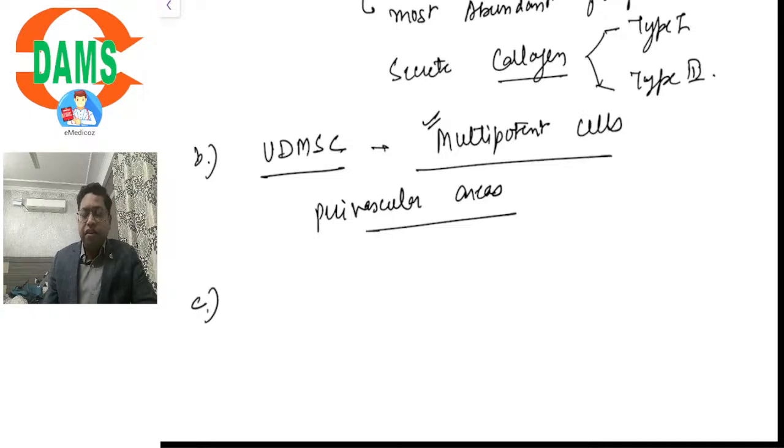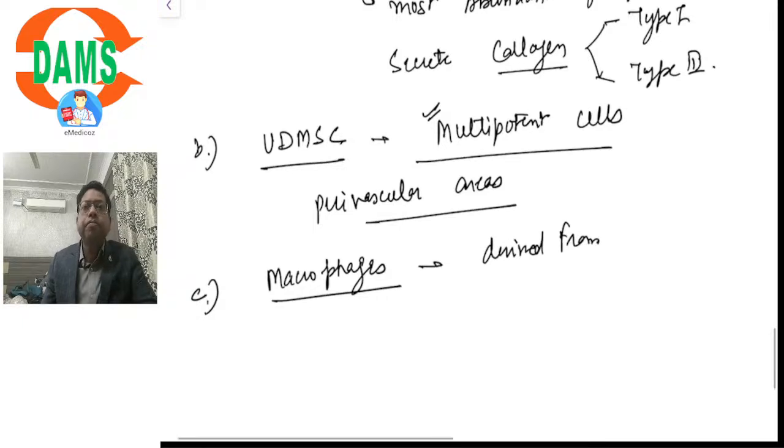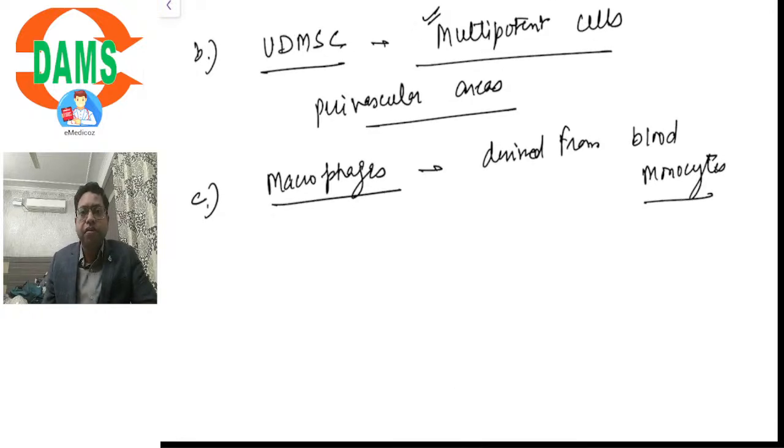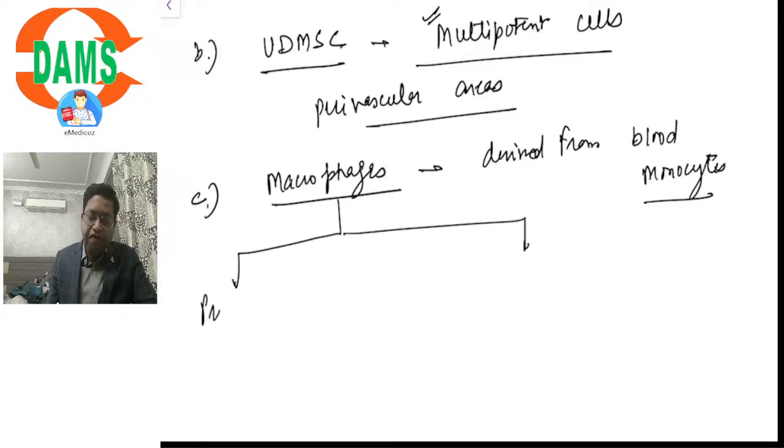Then other cell types are macrophages. These macrophages which are present in the dental pulp are derived from blood monocytes. These macrophages have two functions. One is the primary function, and another is the secondary or minor function.